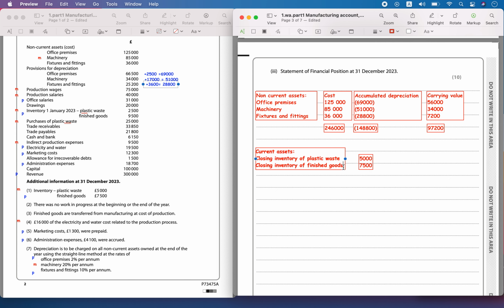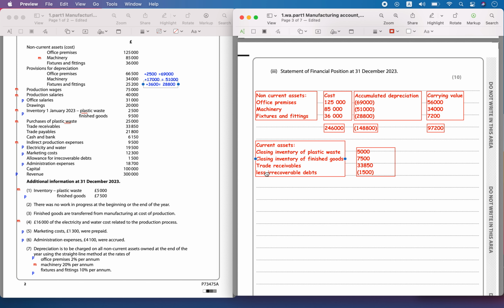And then you have, less, the allowance for irrecoverable debts. You have to reduce the provision for irrecoverable debts.